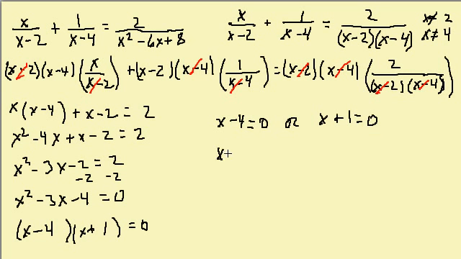So here I get x equals 4 or x equals negative 1. And you can see that 4 is one of my restrictions. So this one is not a solution, but x equals negative 1 is not a restriction. So this one is my only solution.